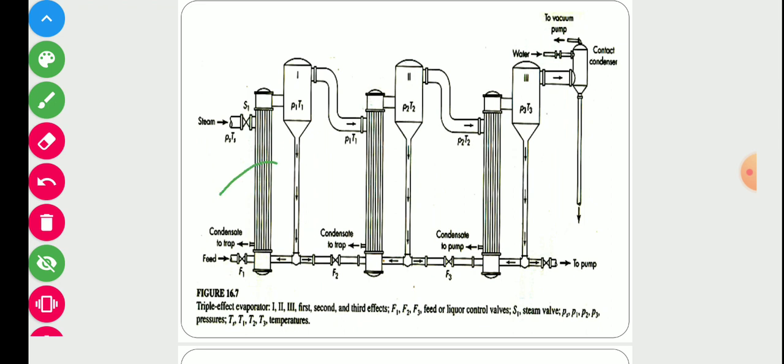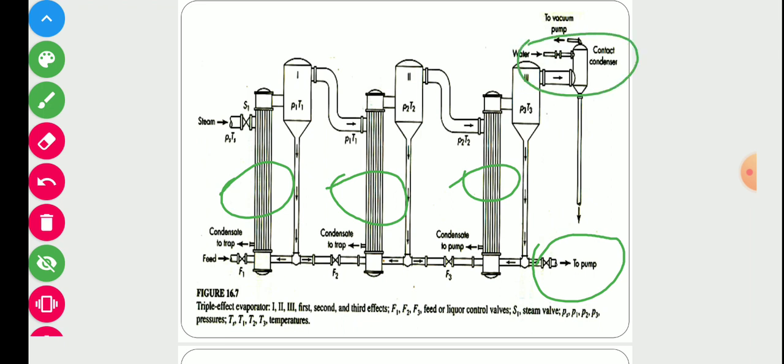In the first unit we get some concentration after release of vapor. In the second unit we get a more concentrated solution. In the third unit we get a still more concentrated solution, and at the end we get the highest concentrated solution, which is our desired product. And at the last we get vapor, and this vapor is normally discarded.